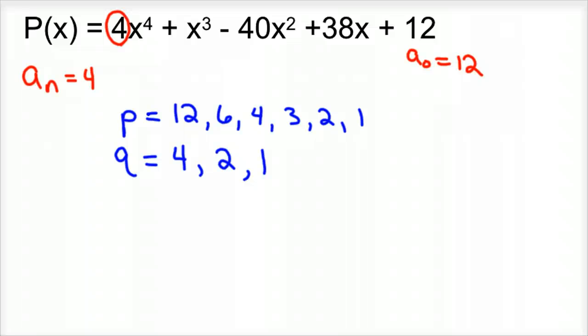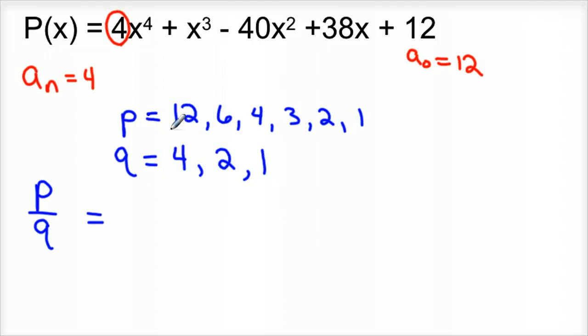It doesn't seem like we're saving much time, but there it is. Now we're going to look at p divided by q. Our rational root is of that form, and it can be any combination of the p's and the q's. So you have to go through all the combinations, and I'm going to go through them all, but typically you kind of go through them in your head and say, oh yeah, that reduces, but I'll show you all of them.